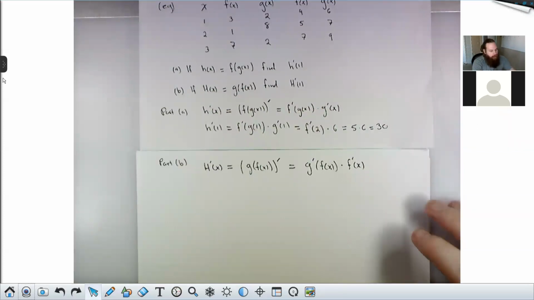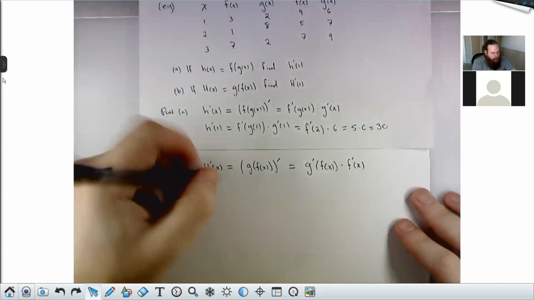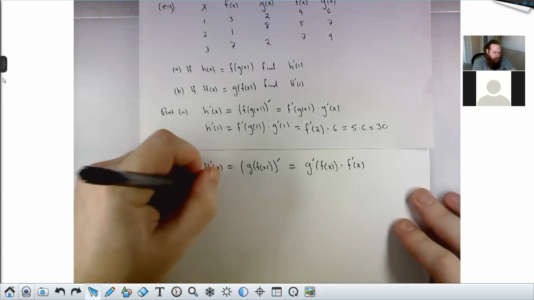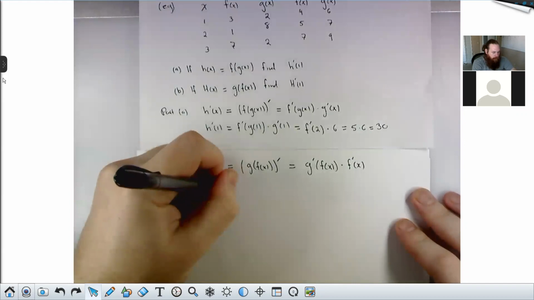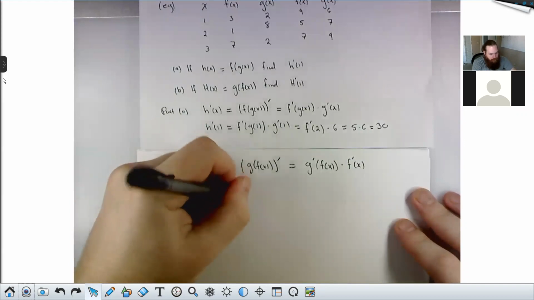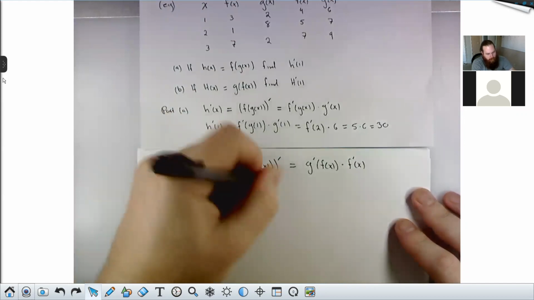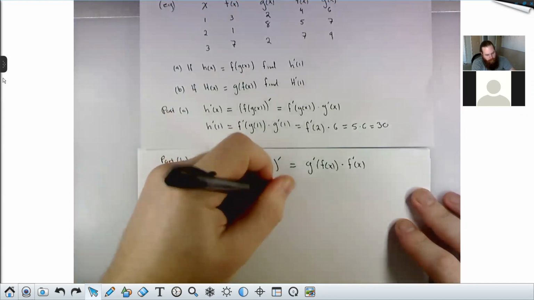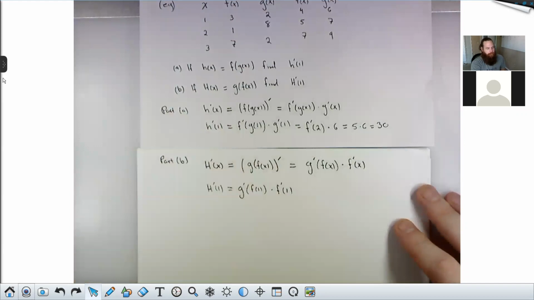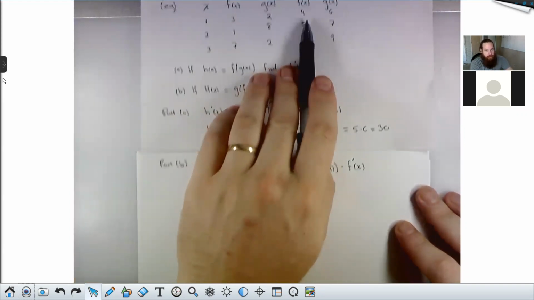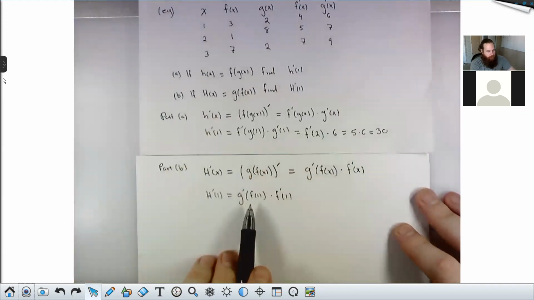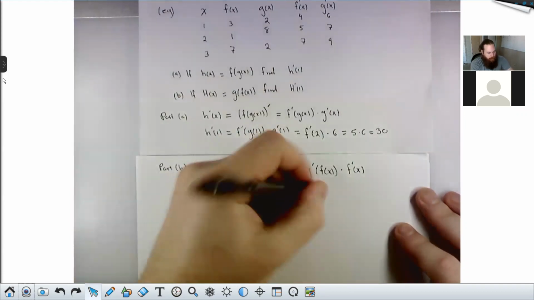And then they told me I want to find specifically capital H prime of 1, so now I plug in 1. So this is g prime of f of 1 times f prime of 1. f prime of 1, according to my table here, is 4. f of 1, according to my table here, is 3.